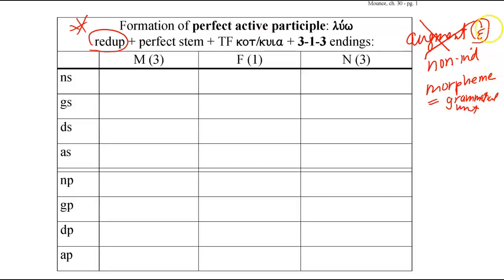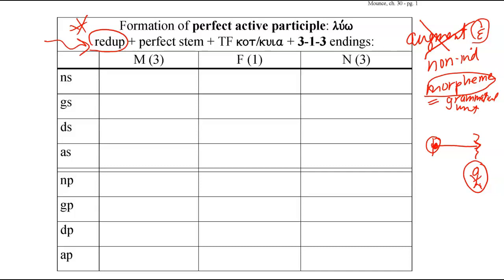And so the augment is a past time morpheme, a past time grammatical unit, whose meaning is that something is past time. Whereas reduplication doesn't really have to do with the time of the action. Reduplication has to do with the kind of the action: that something happens prior to the time of the person, and the effect of this past time event reaches and is still valid for the person who's either writing the text or reading the text.